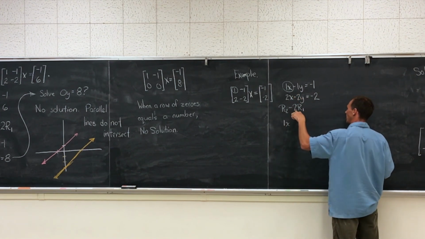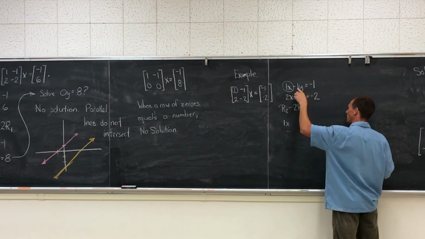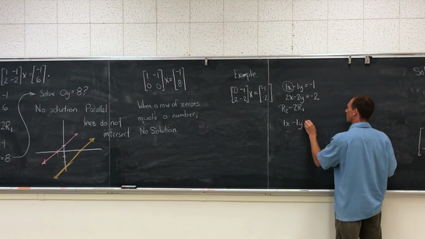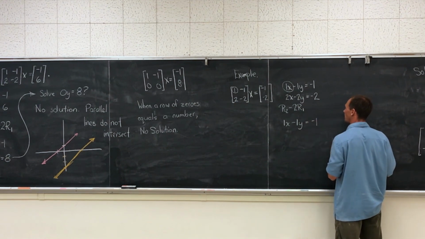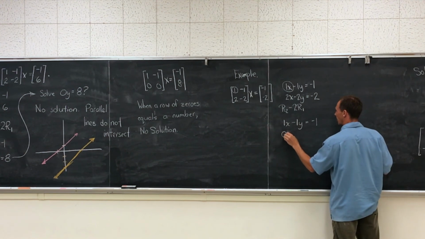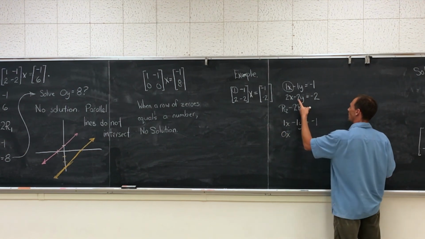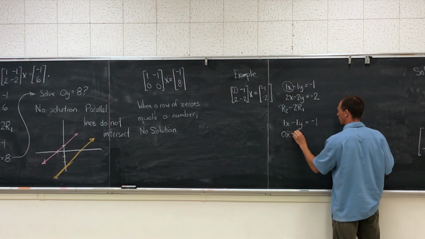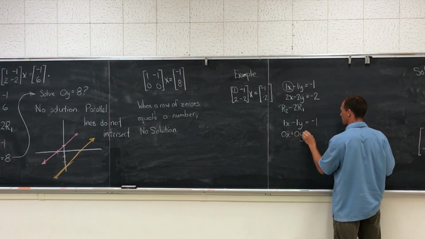We're multiplying it by 2 to get our new row 2, but row 1 remains unchanged: 1x minus 1y is minus 1. And then I'm going to get 2x minus 2x, that's 0x. Minus 2y plus 2y is plus 0y.